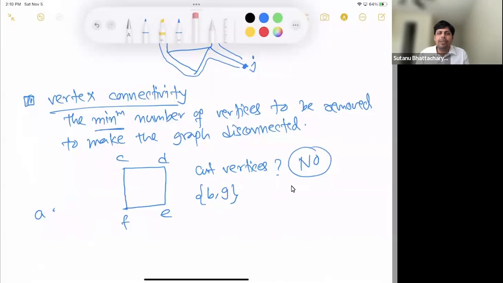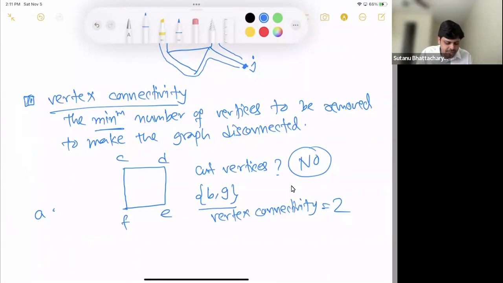So this graph will become disconnected if you remove B and G together. So the vertex connectivity for this graph is 2. That is, the minimum number of vertices that you need to delete to make the graph disconnected is 2 for this graph. Hence, the vertex connectivity is 2.